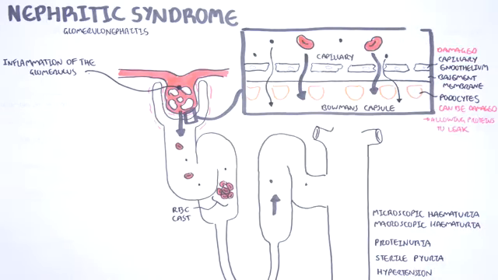In lupus nephritis, you have presence of anti-nuclear antibodies, and you have what's called a full house immunofluorescence staining. This involves staining for basically a lot of immune components such as IgG, IgA, IgM, C3, and C1q. Deposition can be seen in the mesangium, subendothelial, and subepithelial areas.